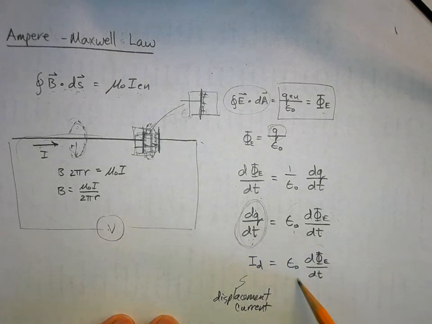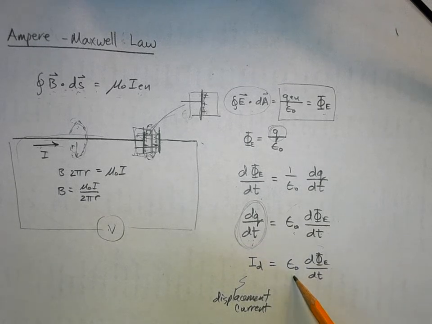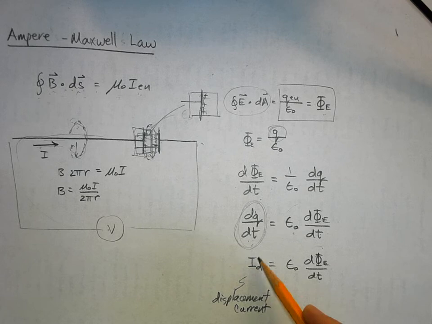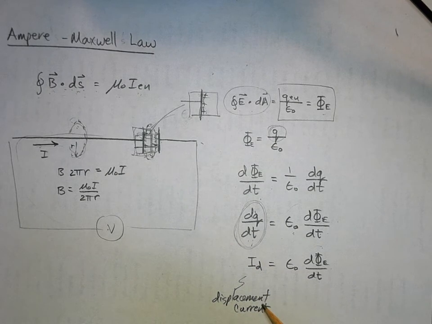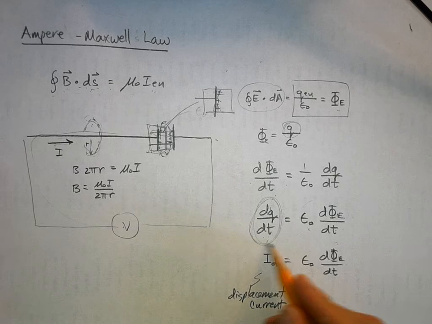if you change the rate at which you change electric flux times epsilon naught, well, that acts exactly like a current as far as creating a magnetic field is concerned. So in other words, this acts just like a current.